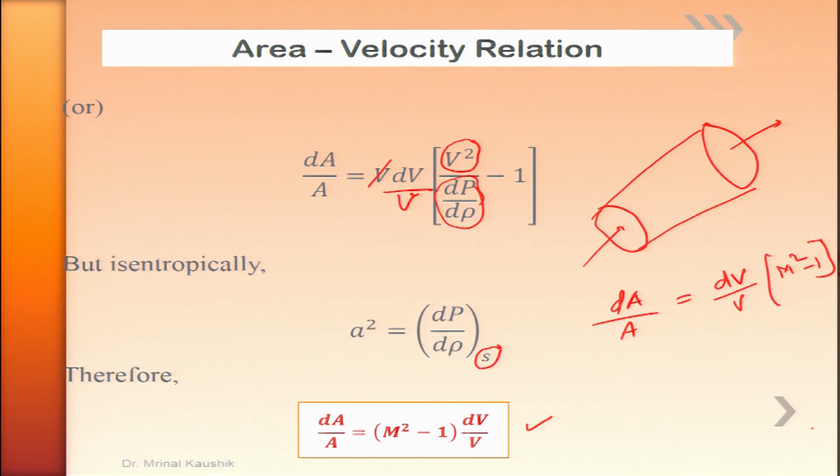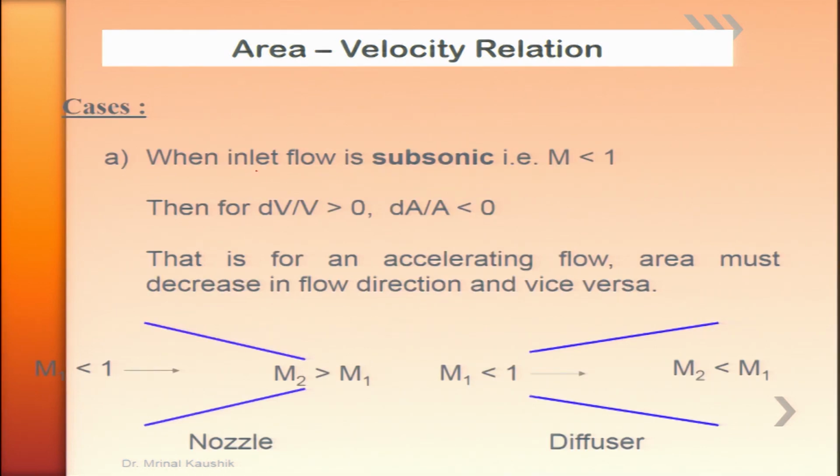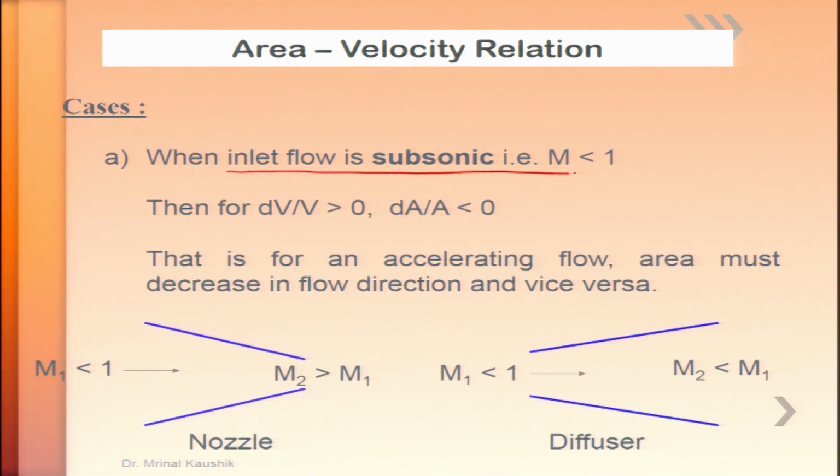Now, look at the characteristics of this equation. Suppose the flow is subsonic, that is the first case we investigate, when the inlet flow is subsonic, that is M is less than 1.